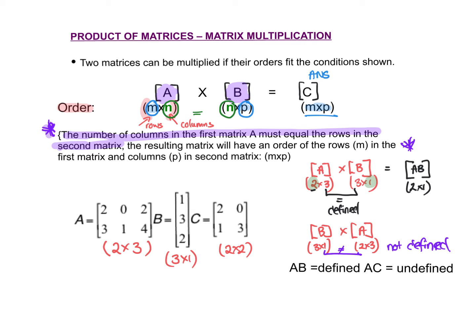Now, our calculator can do matrix multiplication. It will do it, and if it's not defined, it'll spit it back at you saying you can't do this. But the thing is, in year 12, you are asked to know how to manually, without the calculator, work out multiplication.